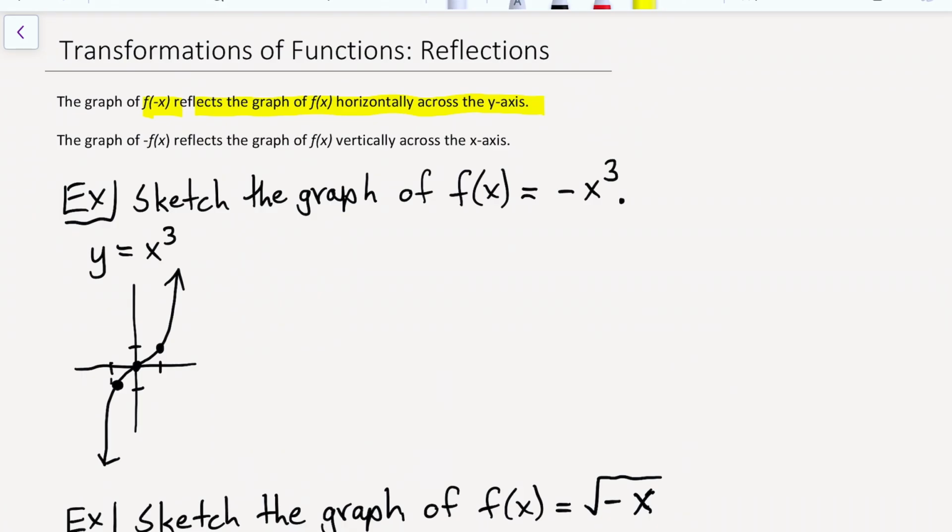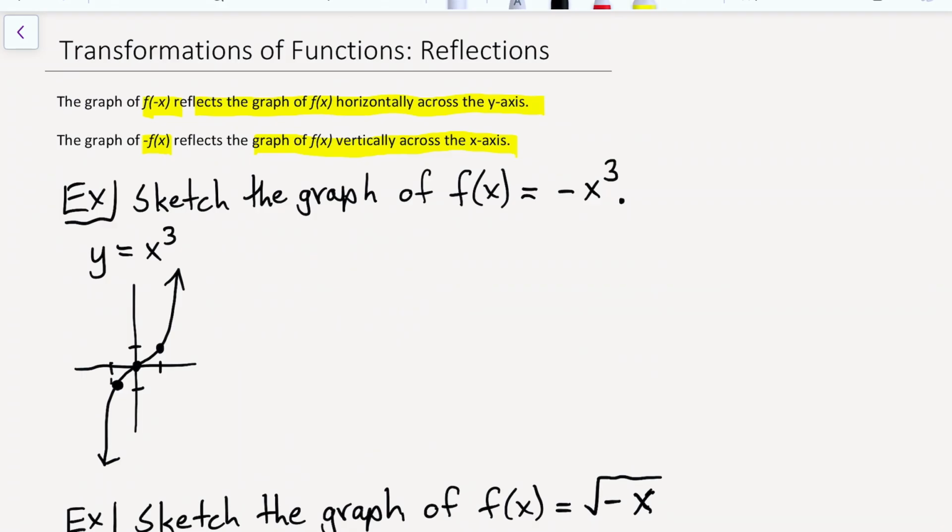If we apply a negative sign to the output of the function, just outside the function in general, this will result in a vertical reflection, where the graph is flipped across the x-axis. It all depends on the placement of the negative sign.